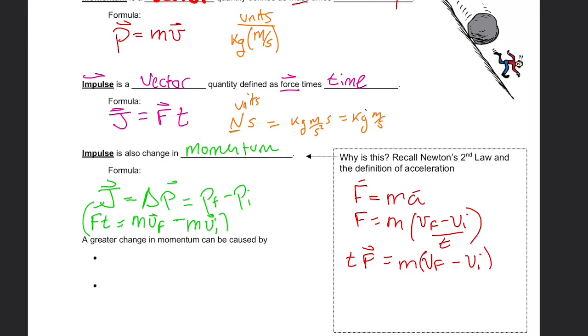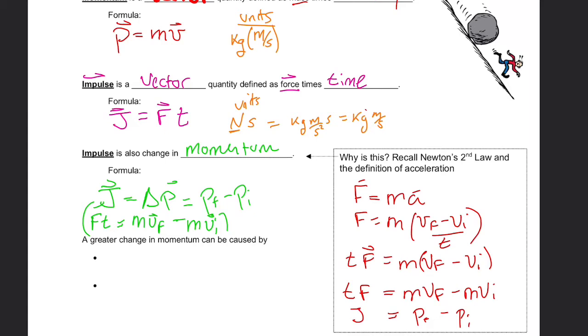You can put the m into the parentheses, so time times force equals mv final minus mv initial. Then you realize that force times time is the impulse, and mv final is p final, and mv initial is p initial. So really, when we're talking about impulse changing momentum, we're just applying Newton's second law in a different way, given the quantities that we have.